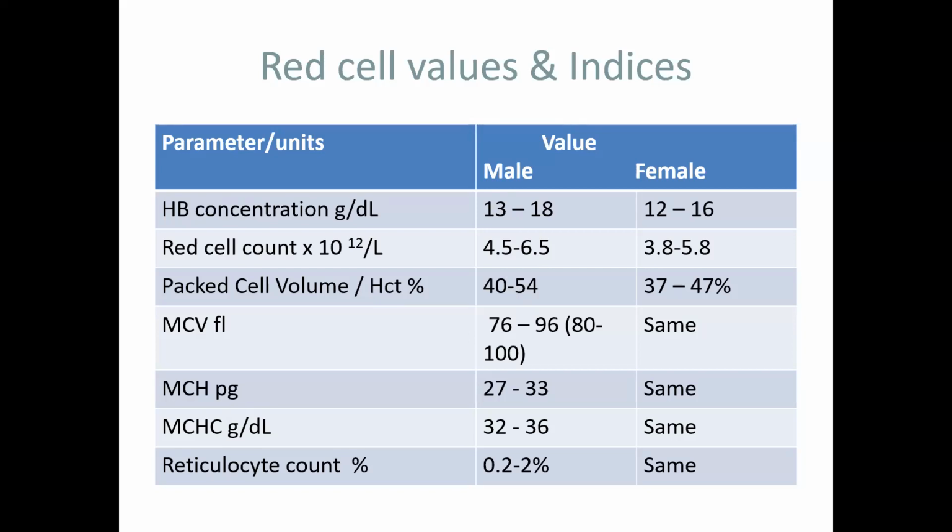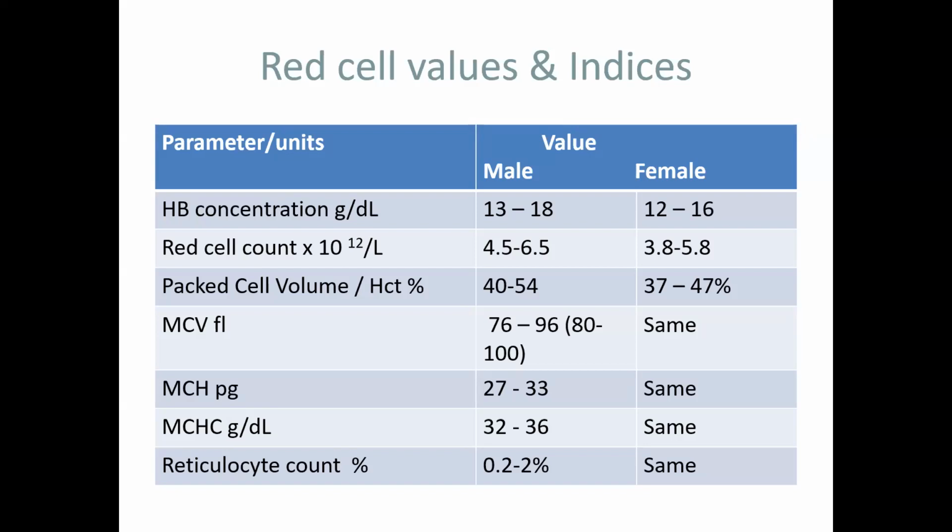But it gives you a rough idea of roughly what the hematocrit should be. So if you had a patient with a hemoglobin of 10, you will therefore expect the packed cell volume to be 30. It may be 31, it may be 29, but it's roughly about 30.